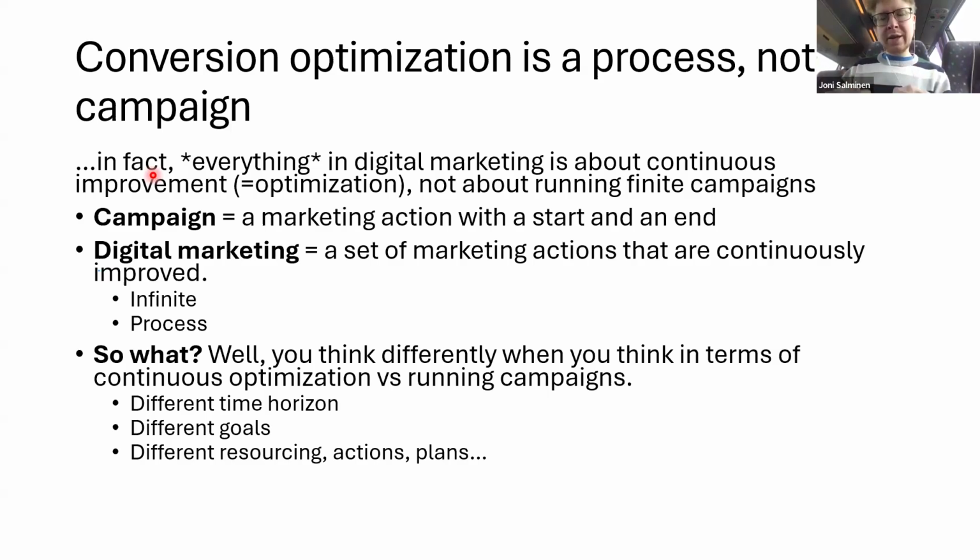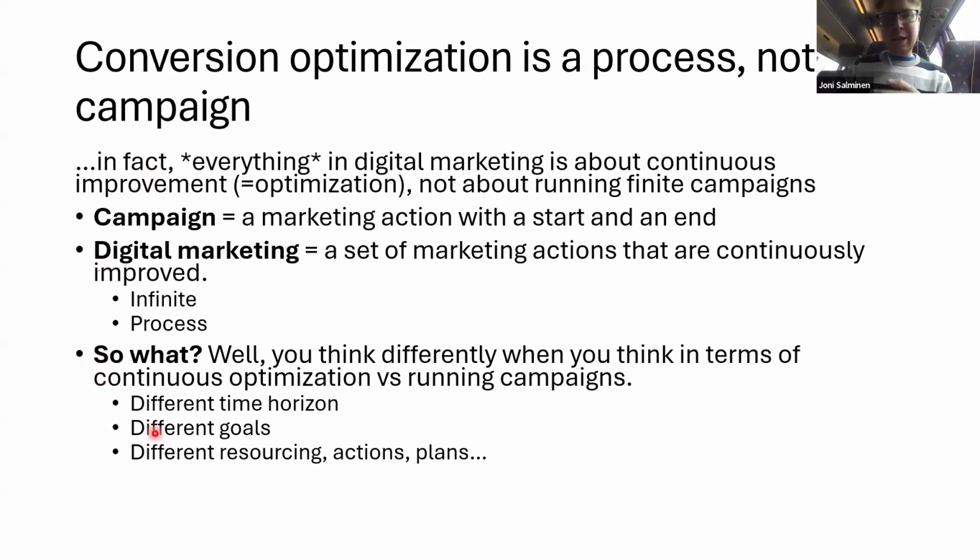So campaign thinking is a way of thinking about finite things, that campaign has a start and an end, but optimization has never an end. There's never a perfect birthday campaign. It can always be better. So optimization is infinite. It never ends. So it's very different from the campaign thinking.